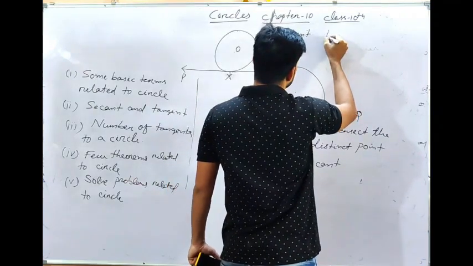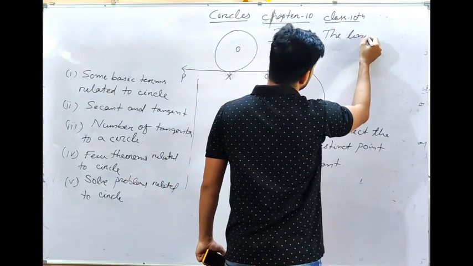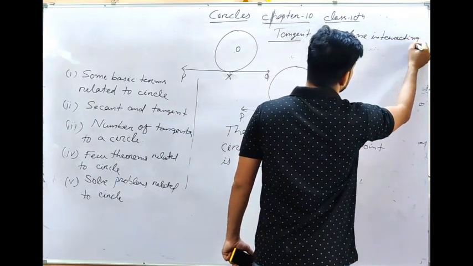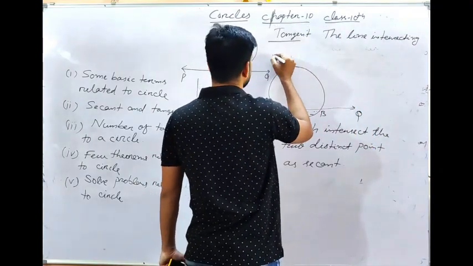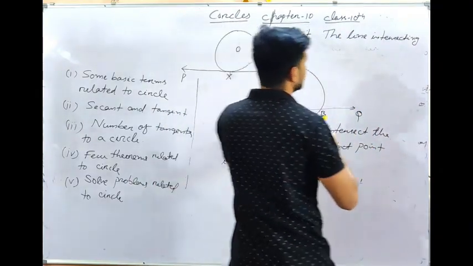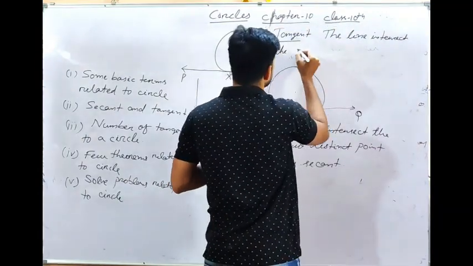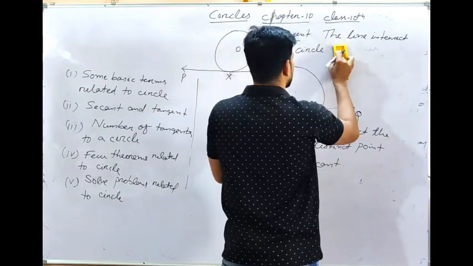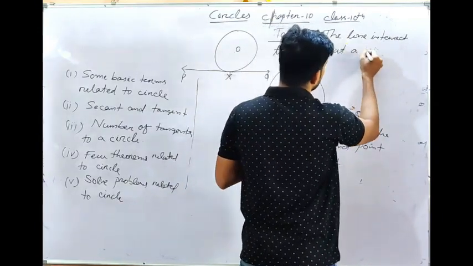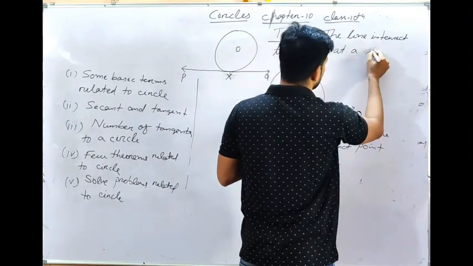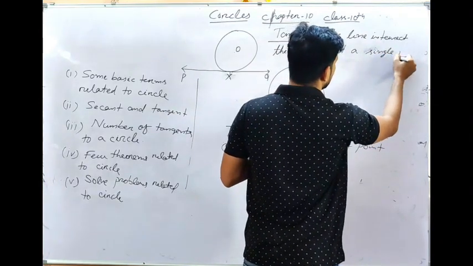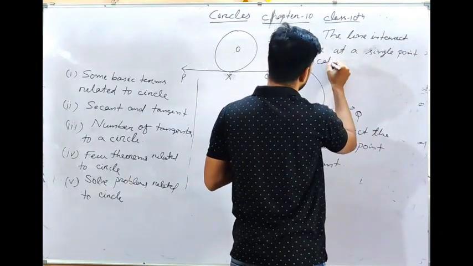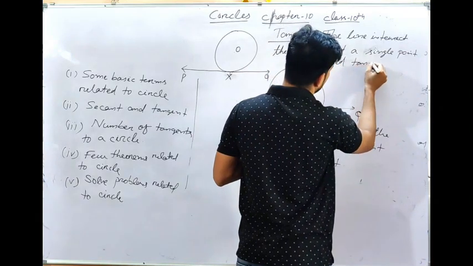The line intersecting the circle at a single point is called tangent.